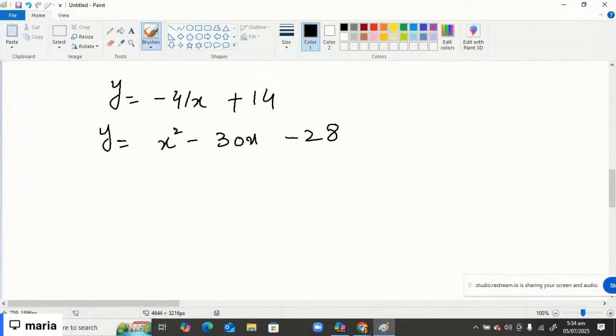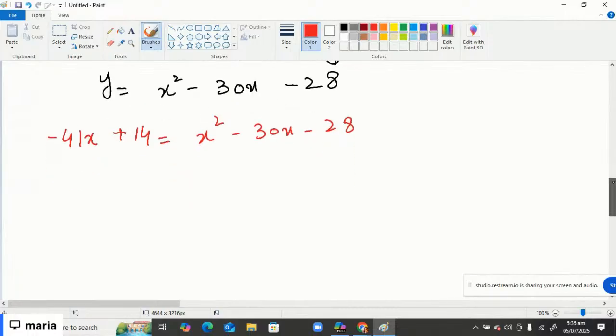Same thing. First we put this value of y in this one. So this becomes minus 41x plus 14 is equals to x square minus 30x minus 28.